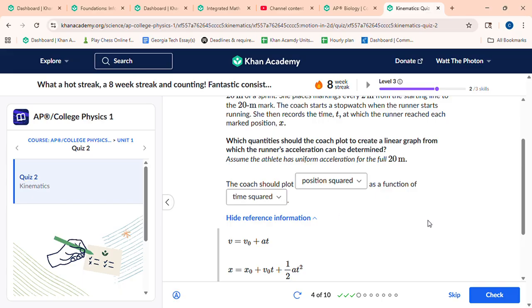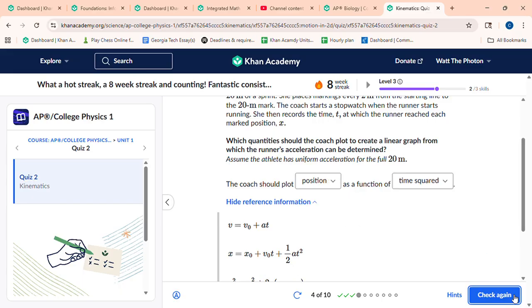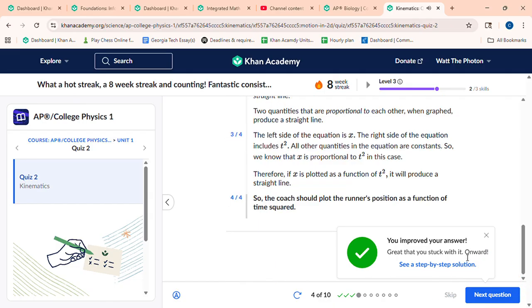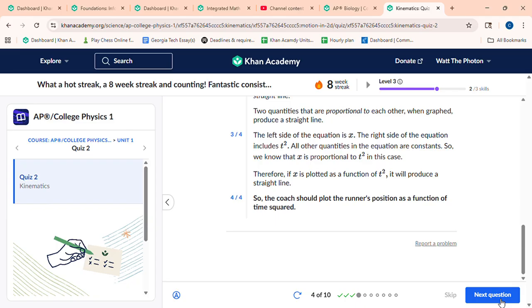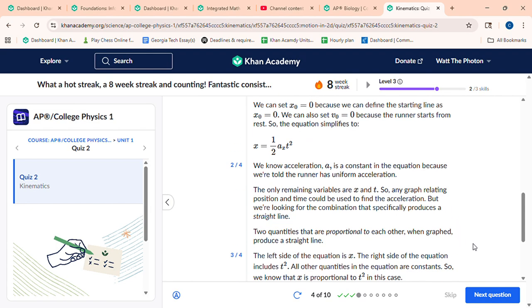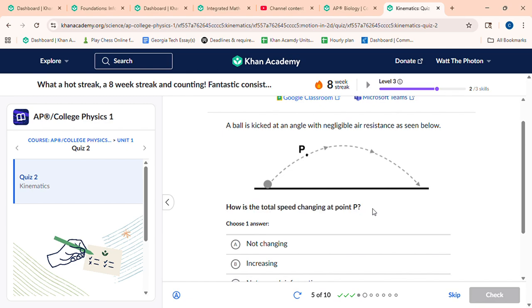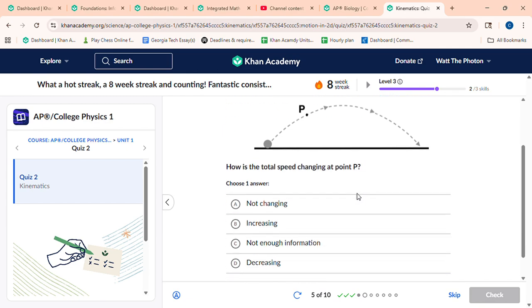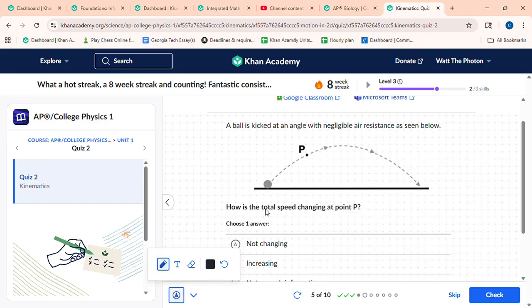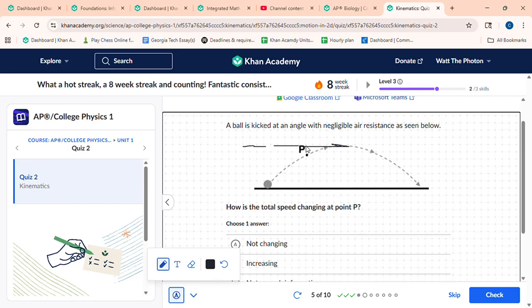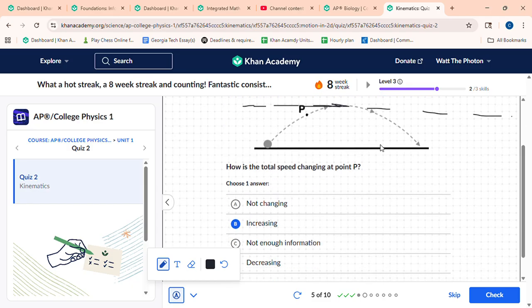So v of t is changing at point P. At this point right here, it's upwards velocity.